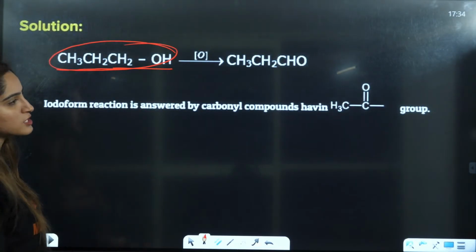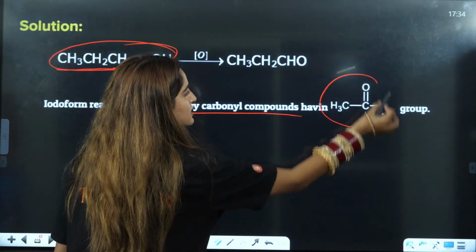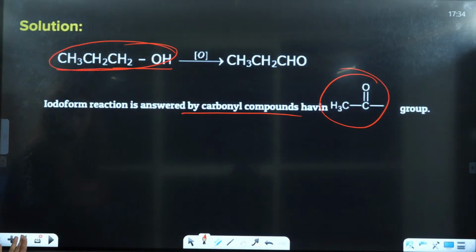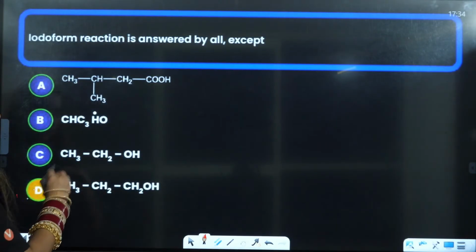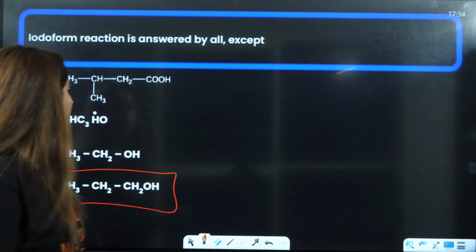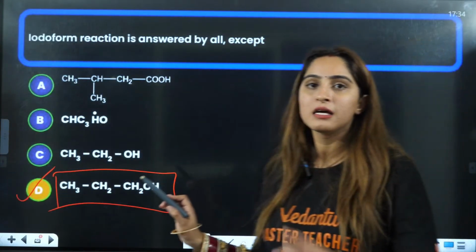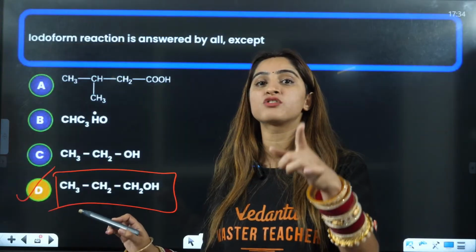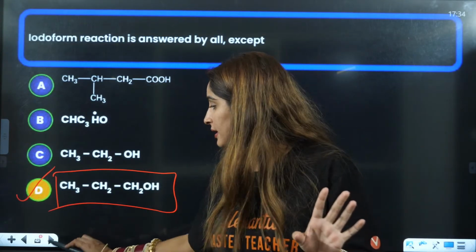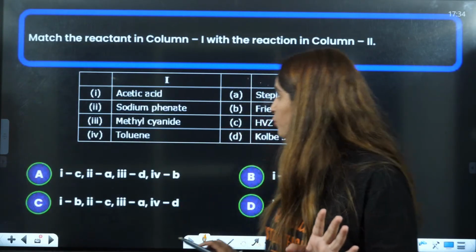Iodoform reaction is answered by all compounds which have a CH3C=O group, right? So hence the answer is going to be D, the one which is not going to show the iodoform test here, because it does not have a CH3CO or CH3CHOH group. That is why it is not going to show.